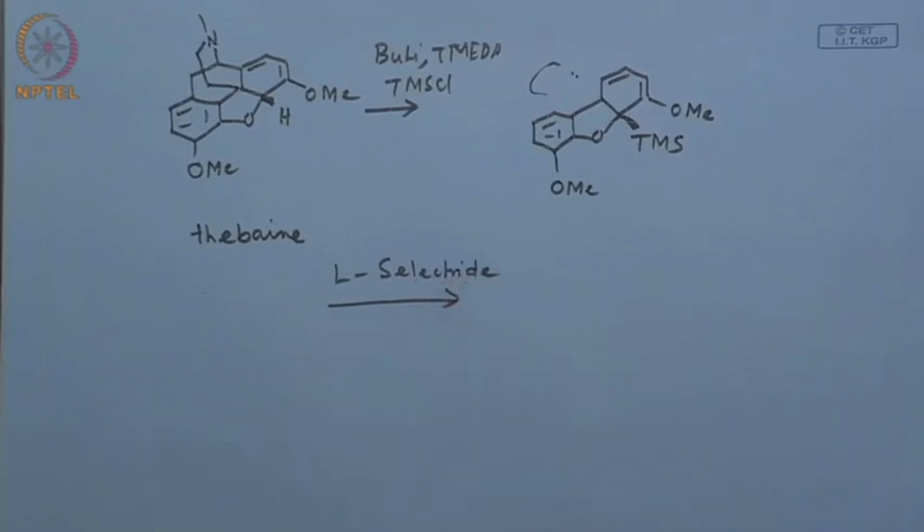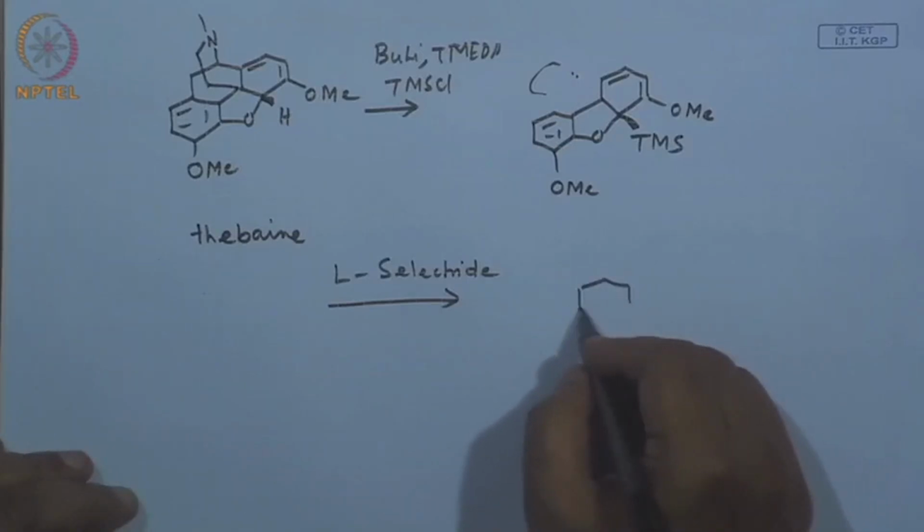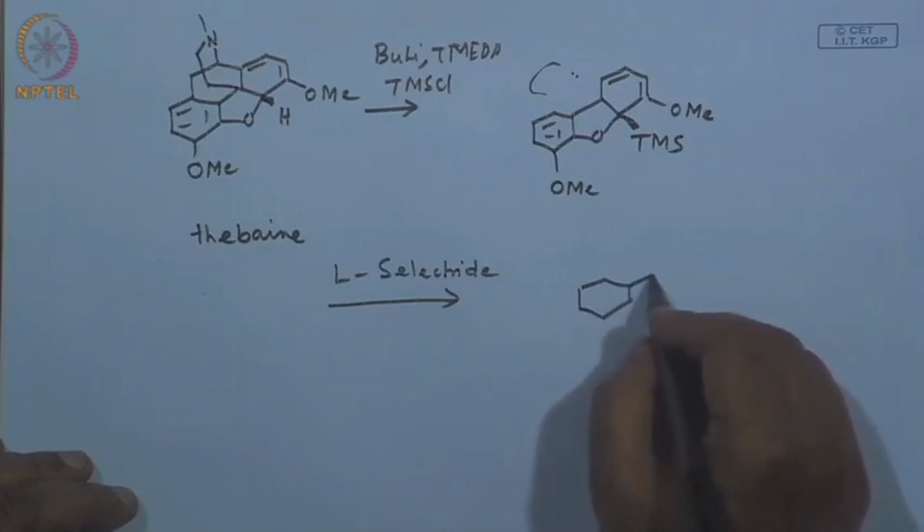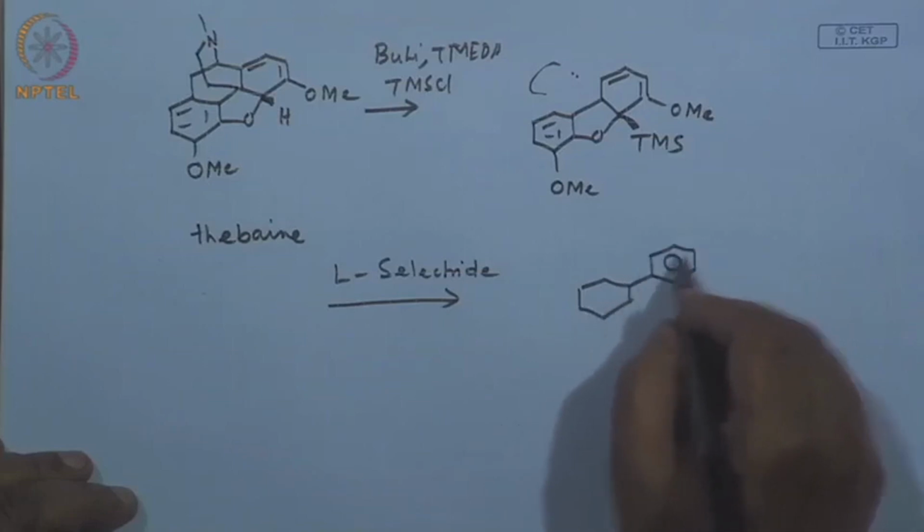L-Selectride, you must know what it is. L-Selectride would give you a rearranged product. I will write the rearranged product, you try to figure out the mechanism. In the next class you try to figure out the mechanism.